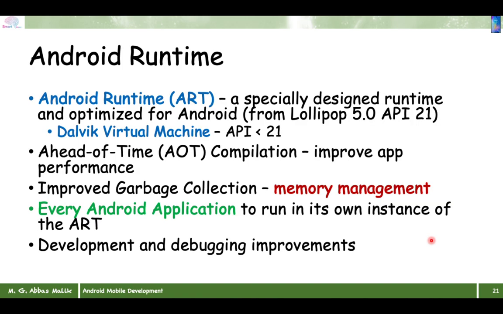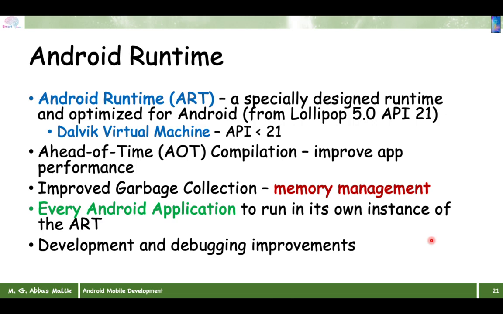Then we have the Java runtime in that core system. The Android runtime starts from the Lollipop 5.0 version, API number 21 onward. Before that, it was the Dalvik virtual machine. What does that runtime environment mean?